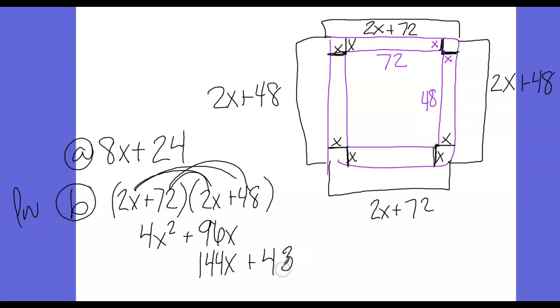Okay, so 3,456, right? Okay. So now when I add my like terms, I get 4X squared plus 240X plus 3,456.